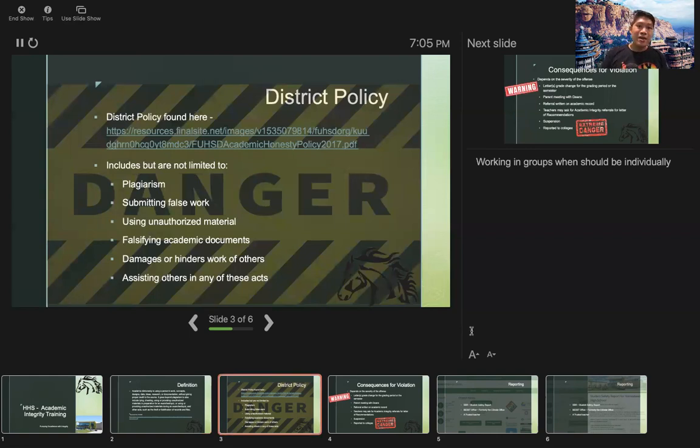Again, our district policy is found here. You can find it on our district website. It includes, but is not limited to, plagiarism, submitting falsified work, using unauthorized materials, falsifying academic documents, damaging or hindering others' work, and assisting others in any of these acts.